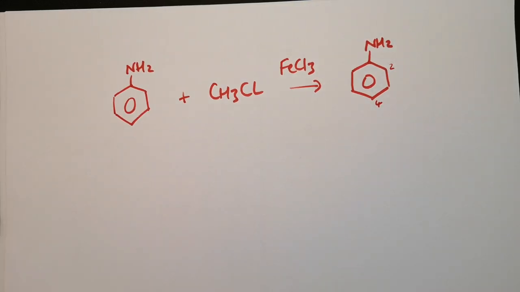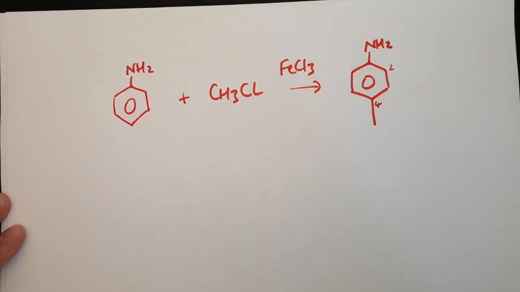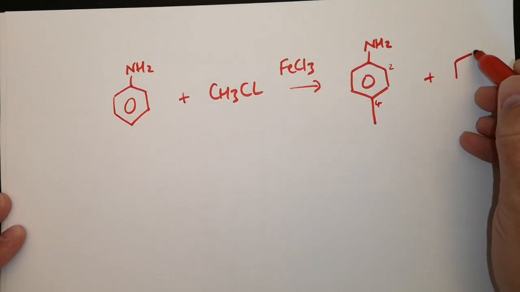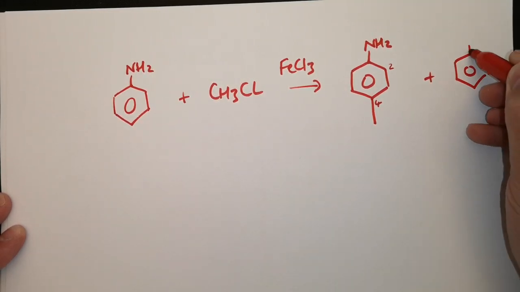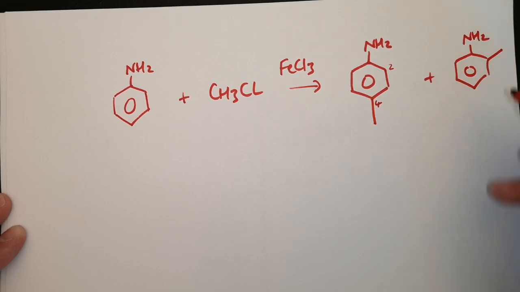Now depending on whether it's talking about mono substitution or di substitution or tri substitution, it might make a mixture of products. Let's presume it's only mono substitution at this point. Then you would make a mixture of products. You'd have 4-methylaminobenzene and you'd have 2-methylaminobenzene.